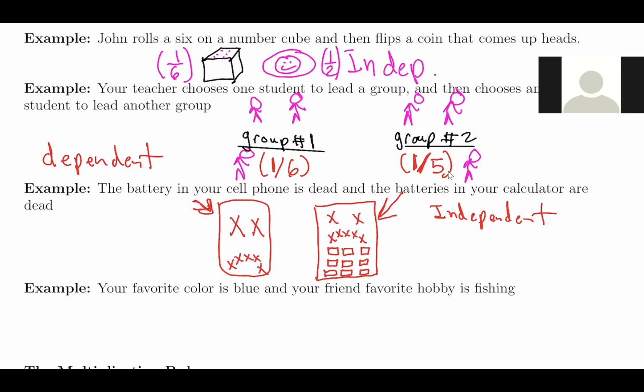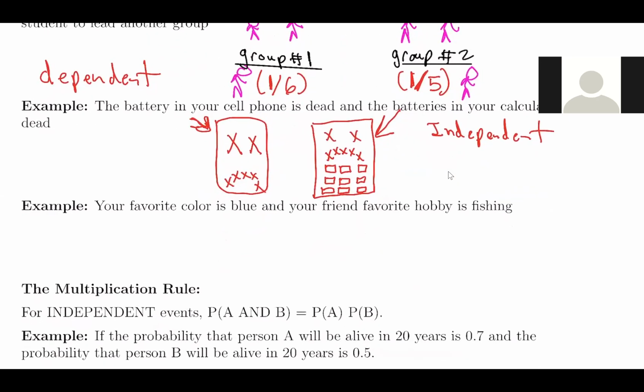All right, so let's do the last one. The last one said your favorite color is blue and your friend's favorite hobby is fishing. So that's your favorite color is blue, and then your friend's favorite hobby is fishing.